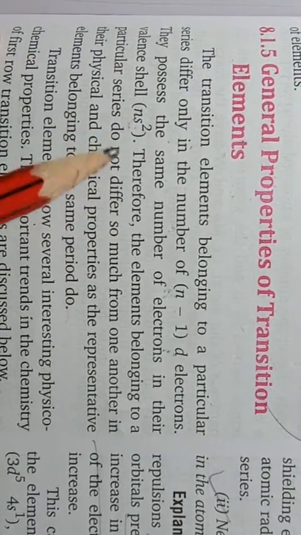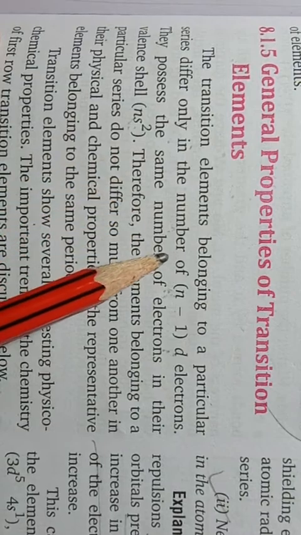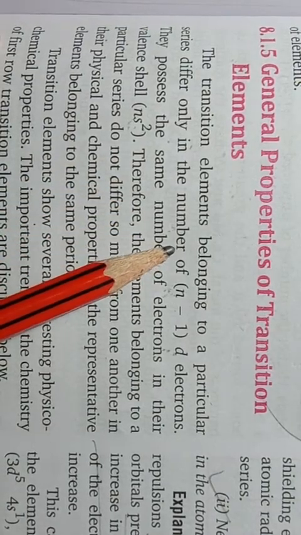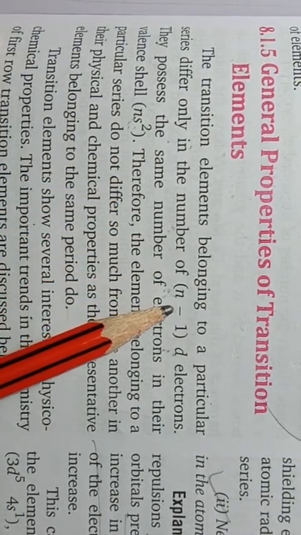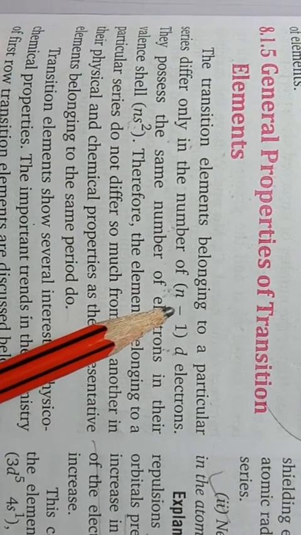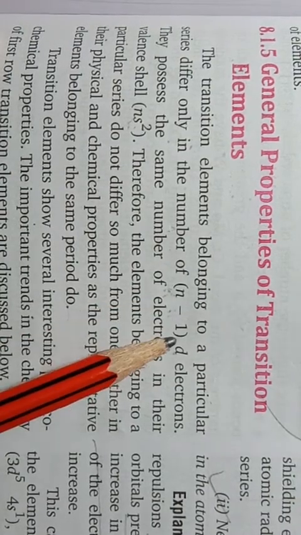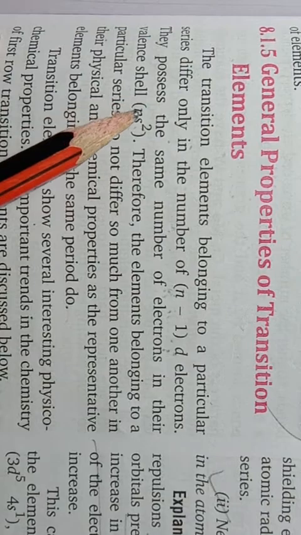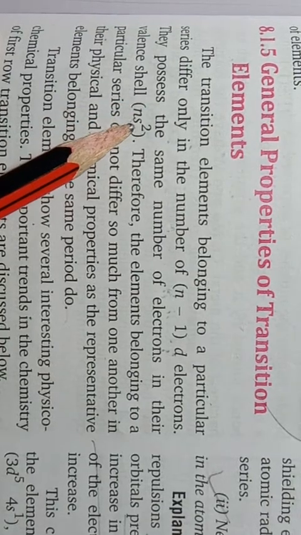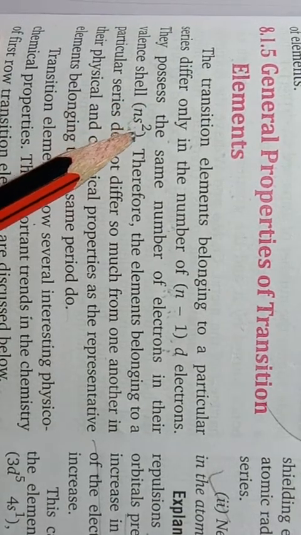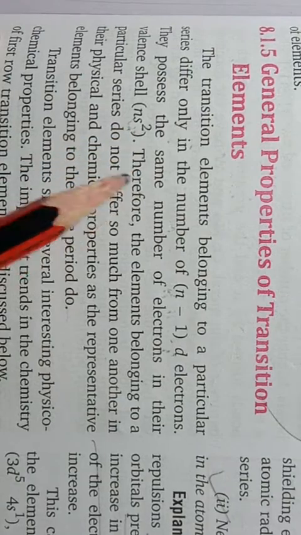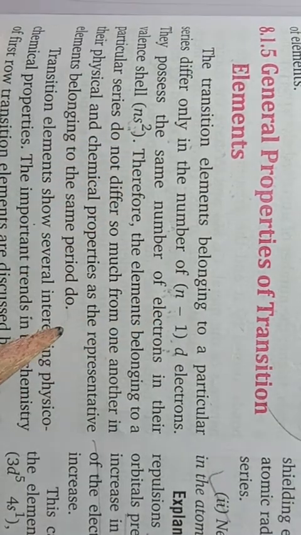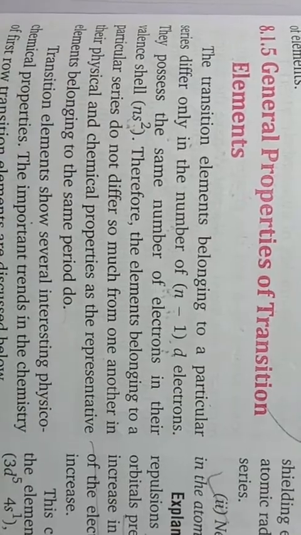So there is variation in the configuration of the outermost shell due to the difference in the number of electrons in the d subshell, but the electrons in the ns shell are similar in all the atoms of a particular series.